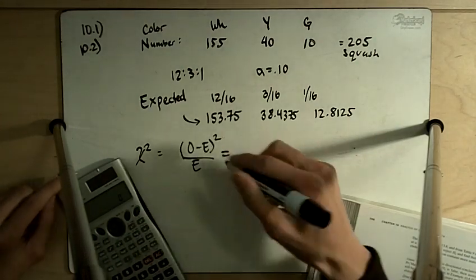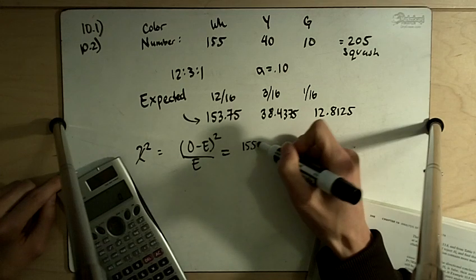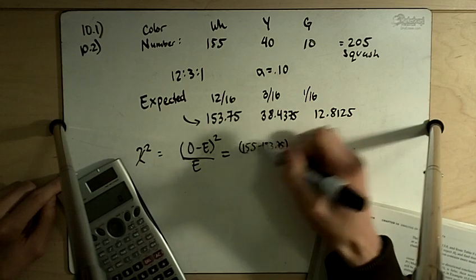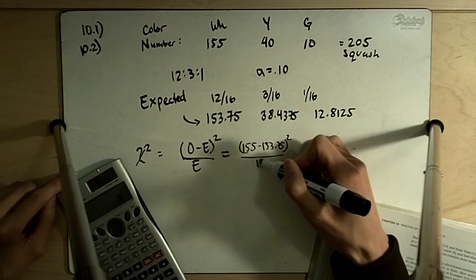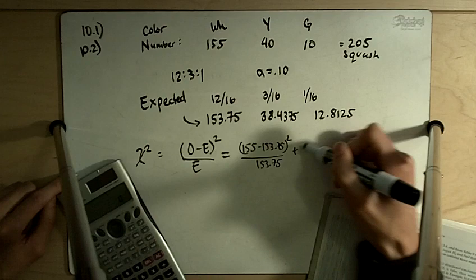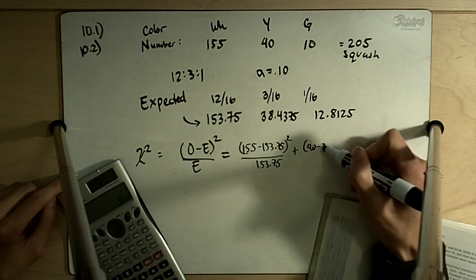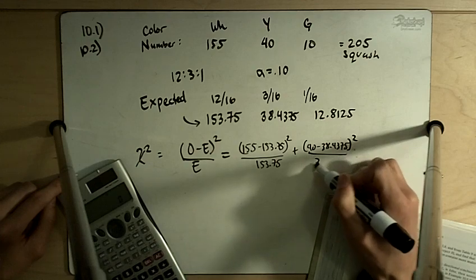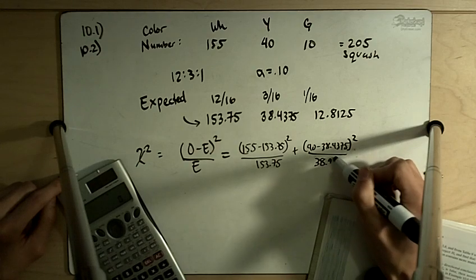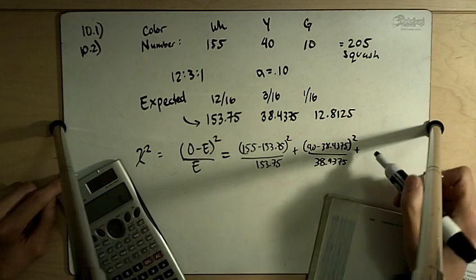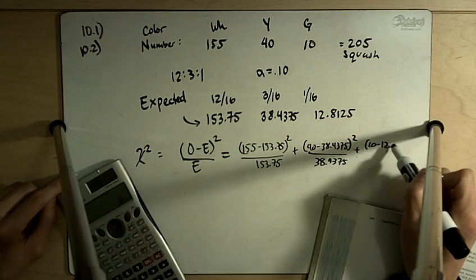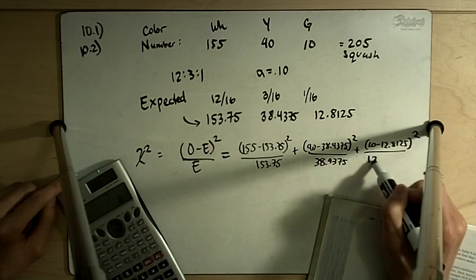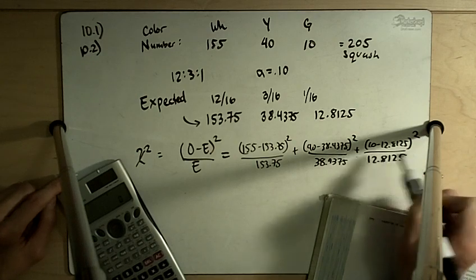So here we do 155 minus 153.75 squared divided by 153.75, plus 40 minus 38.4375 squared divided by 38.4375, plus 10 minus 12.8125 squared divided by 12.8125.